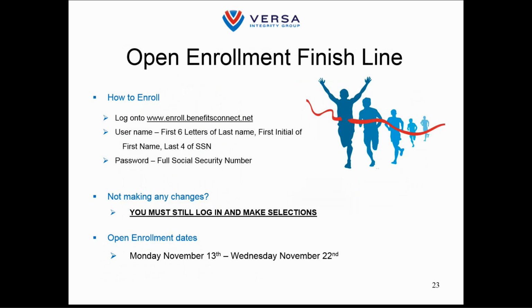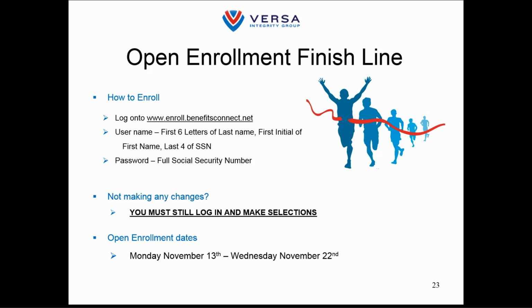Well, we've come to the finish line, and this benefit overview is almost over, but I want to take a few minutes to reemphasize some important dates, enrollment instructions, and where to go if you have questions. How to enroll. Log on to Benefits Connect at www.enroll.benefitsconnect.net.